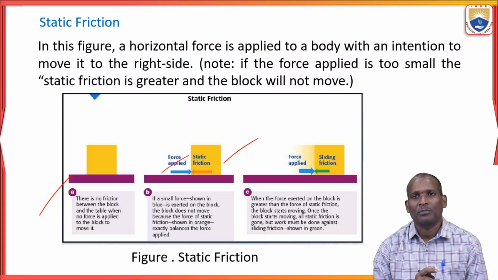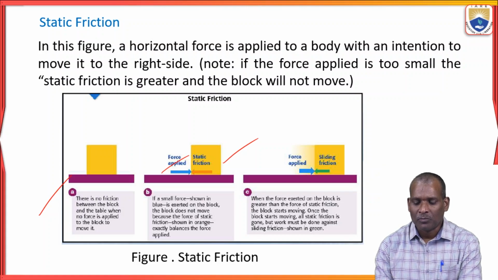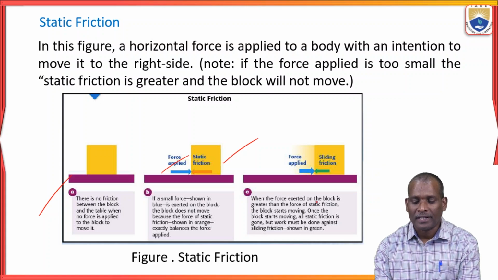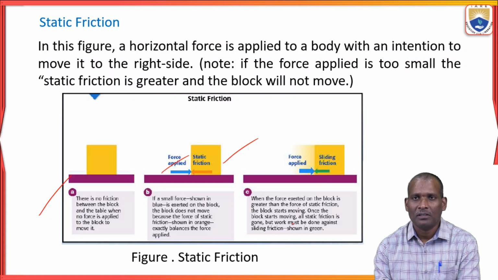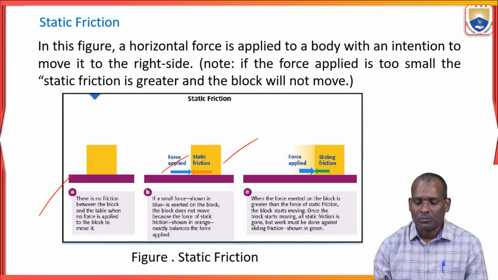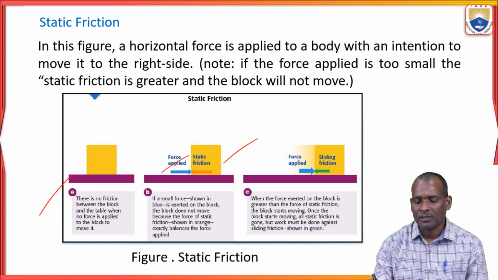In the third case, when the force exerted on the block is greater than the force of static friction, the block starts moving. Once the block starts moving, all the static friction is gone. But work must be done against sliding friction, shown in green color.